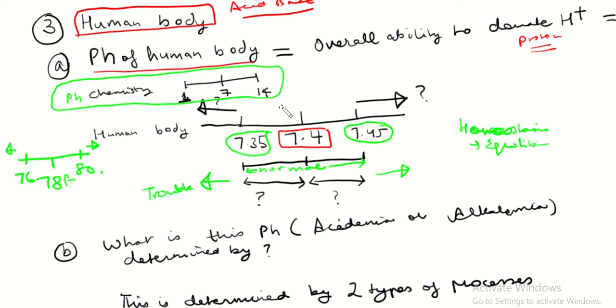Okay, any number less than 7.4 would be what? Remember we covered that. So this would be the acid side of things. So this would be acidemia, okay? Any number higher than 7.4 would make it alkalemia, right?